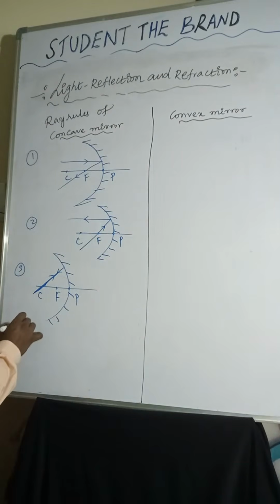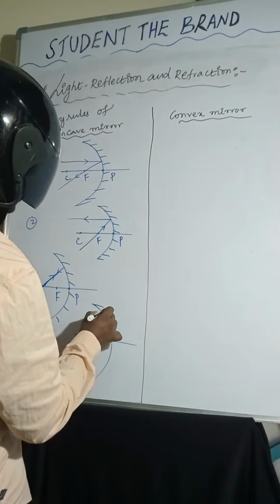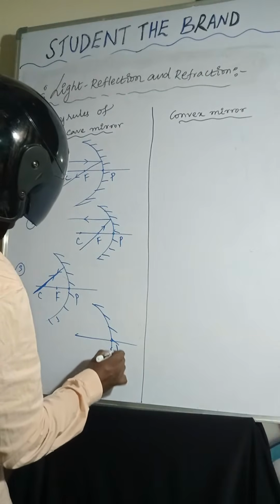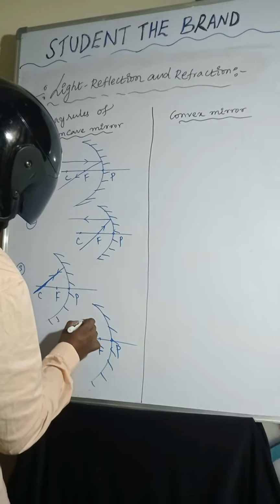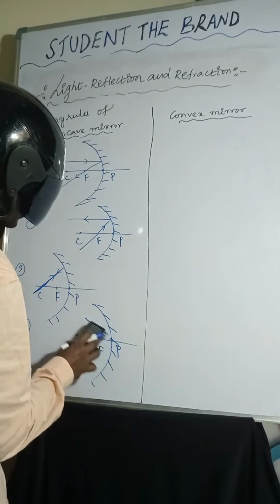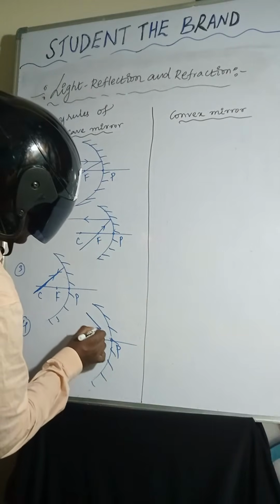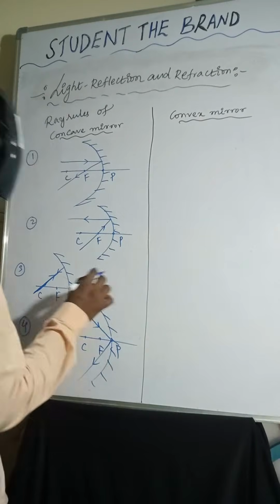And coming to the fourth one. Pole, focus, center of curvature. Light ray is incident at the pole, so it will be reflected back like this.